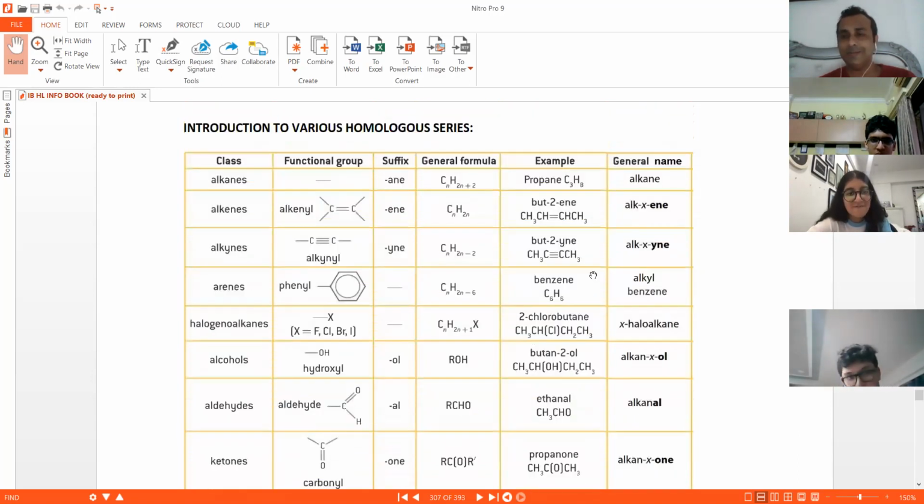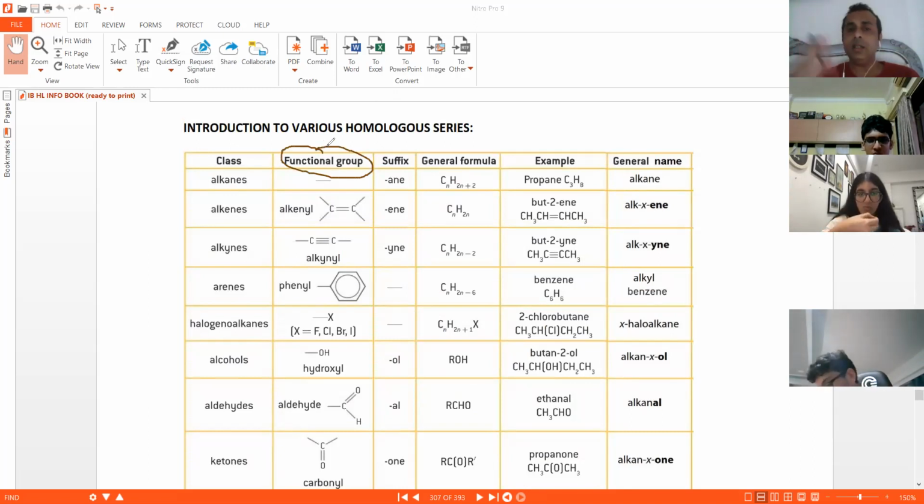Okay, now here I will focus on the functional group. This is where the students will make mistakes. See, other things, suffix, general formula, example, general name, that gradually you will know once you solve the past papers and questions. And even when you learn the theory, you will gradually come to know about that. But students usually make mistakes in the functional group.